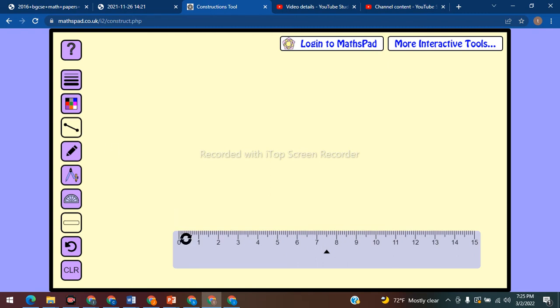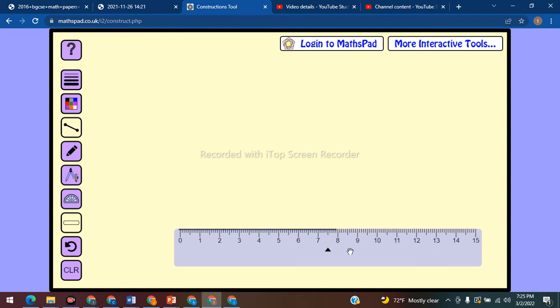You ready to draw it? That's 8 centimeters. Do you all agree? Yeah, that's 8 centimeters. So you start at 0 and go all the way to 8 centimeters.